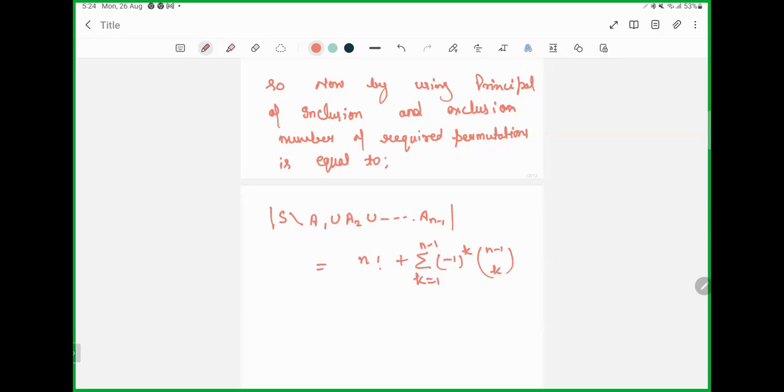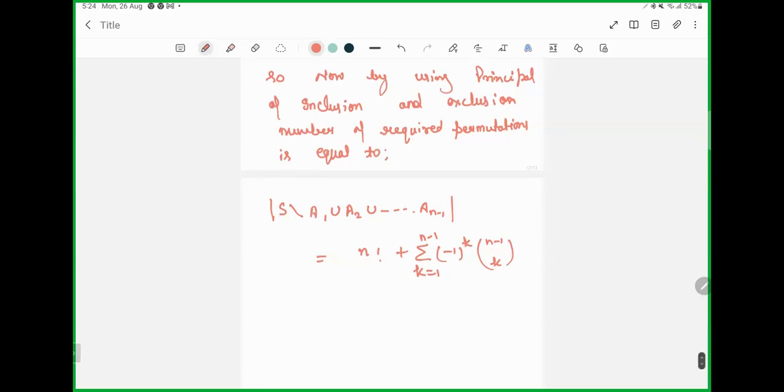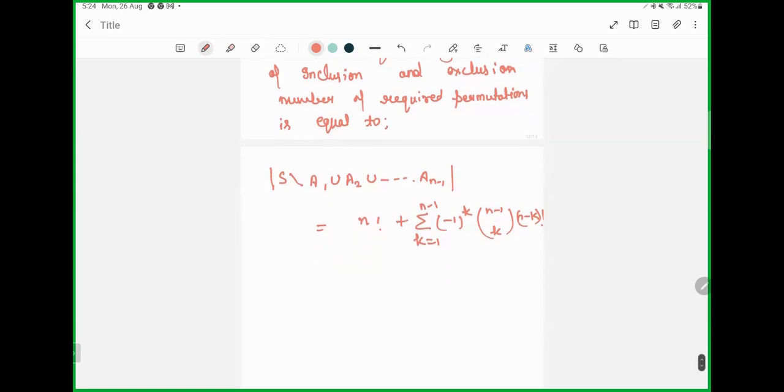First, we have to choose k among these n minus 1, and then the cardinality of that set is (n minus k) factorial. Like you are choosing k first, then A1 intersection A2 up to AK has cardinality (n minus k) factorial.